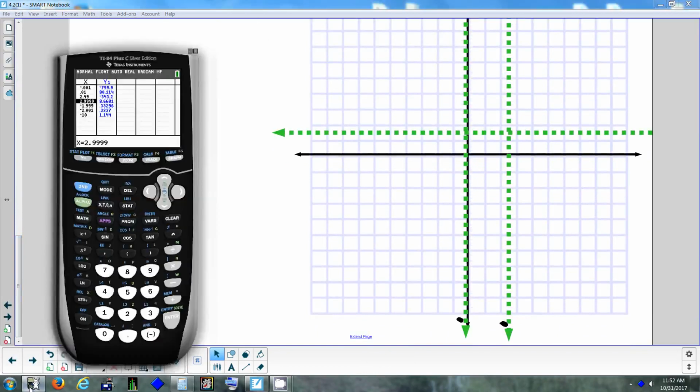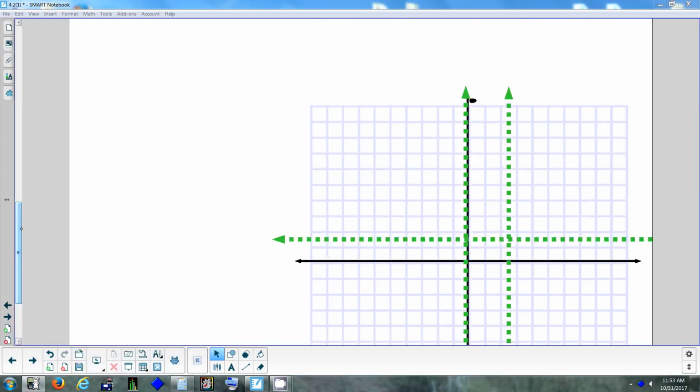To the right, a little bigger than 2.5. 2.6. Let's go even closer. 2.51. Yeah, 2.51. So now, if you type that in, you're way up at 300 something.